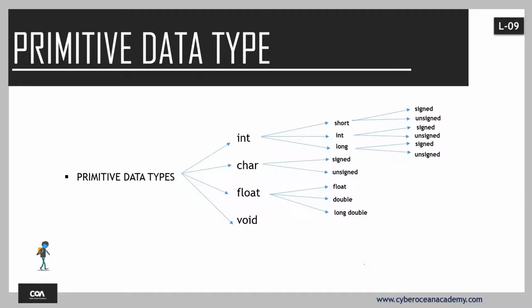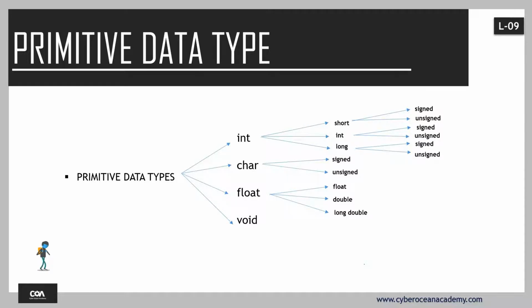For that we also have different kinds of specifiers. If you want to store only non-negative numbers, starting from zero in the given range, we can use the unsigned keyword. And if you want to store positive numbers as well as negative numbers, we can use sign representation.